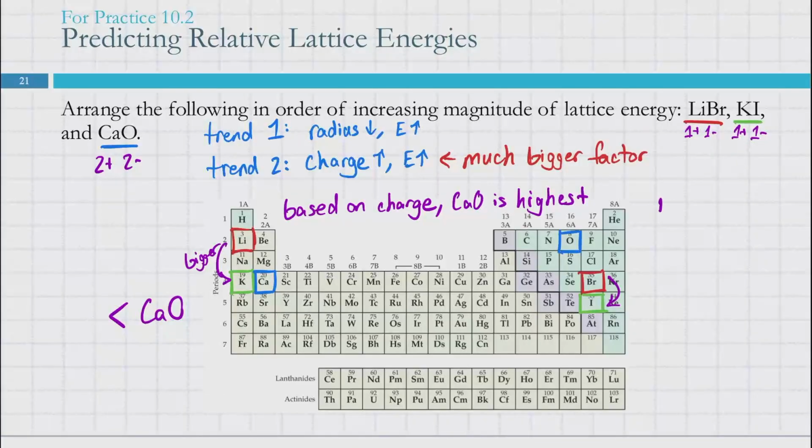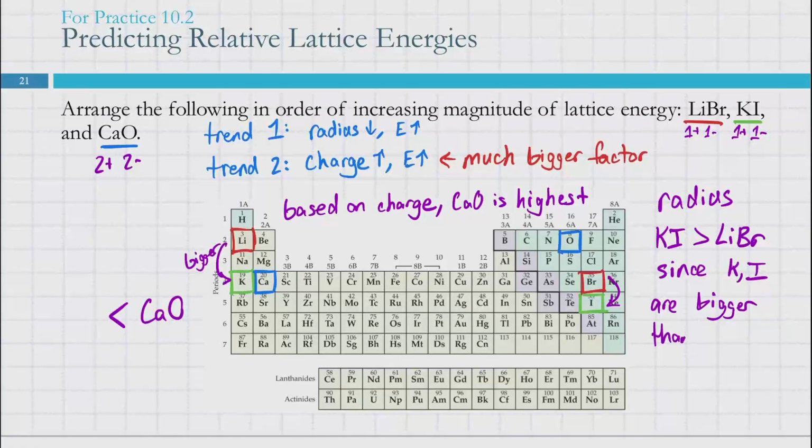So for radius, potassium iodide has a bigger radius than lithium bromide, since K and I are bigger than lithium and bromine. So we're going to have a bigger radius for potassium iodide.